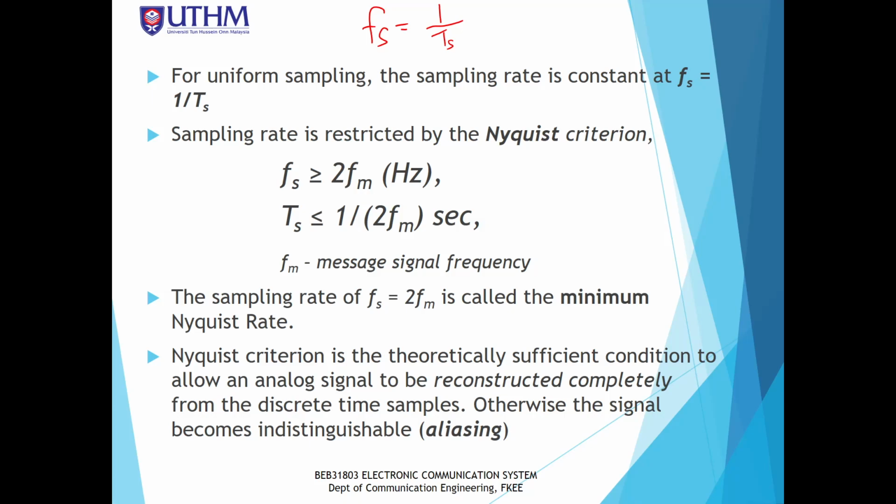According to Nyquist, a mathematician who derived the mathematical equations about this, the conclusion is that the sampling rate must be more than or equal to 2 times the highest modulating signal frequency.